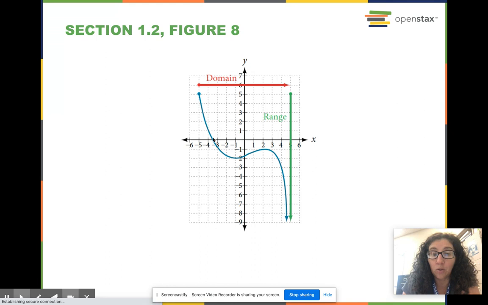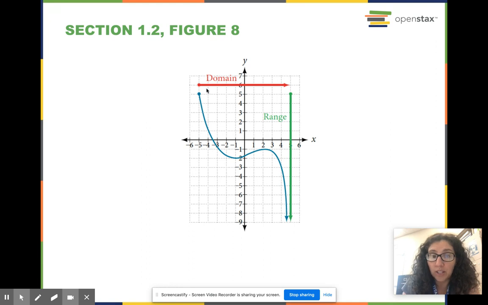So we could look at a graph like this one. It looks like it has a little circle right there, so it ends at that point, but it looks like it has an arrow here, so it goes on forever. The domain is the values on the x-axis that the function is defined for.